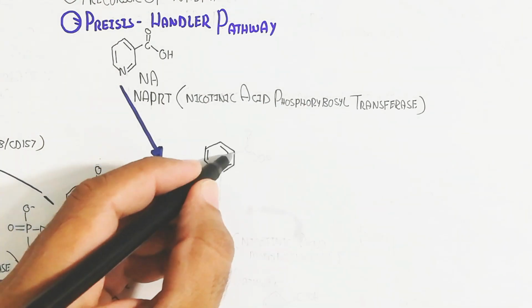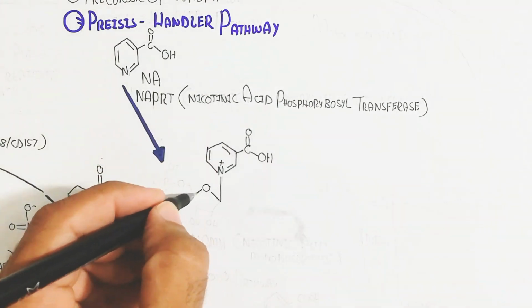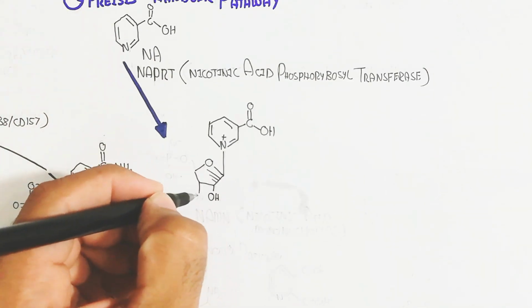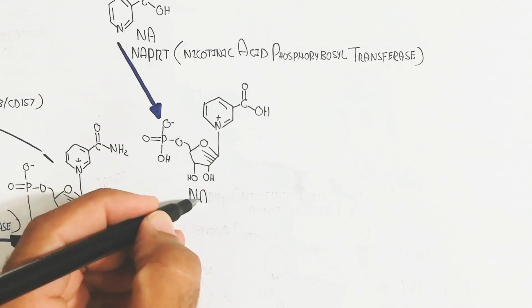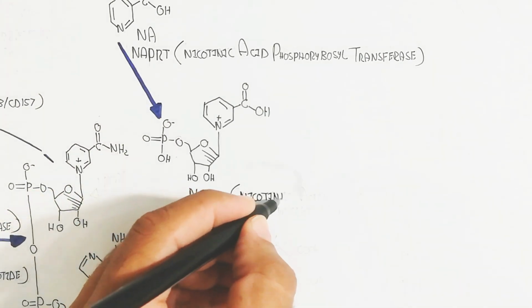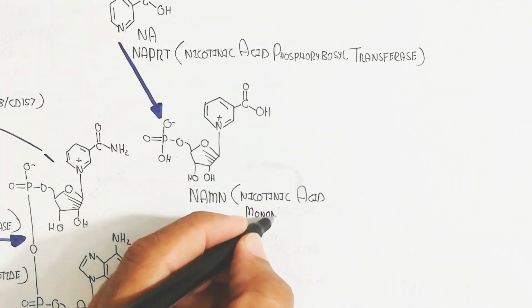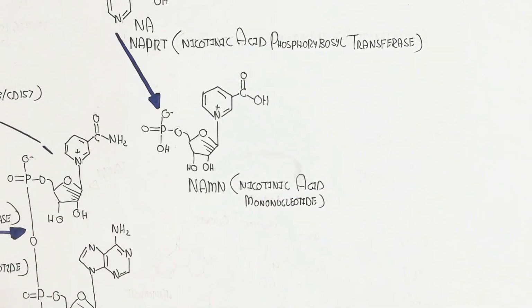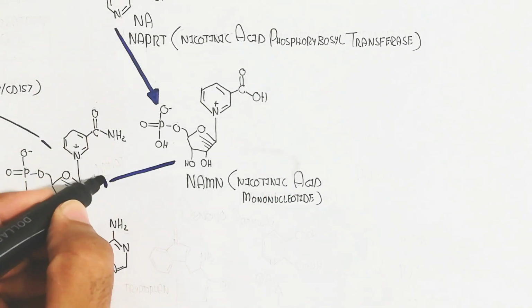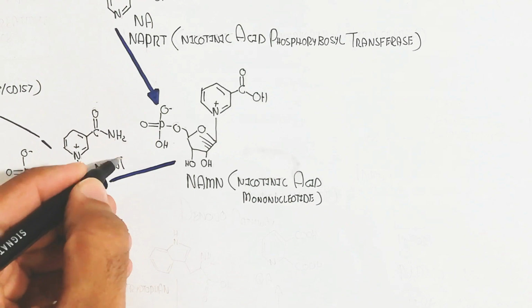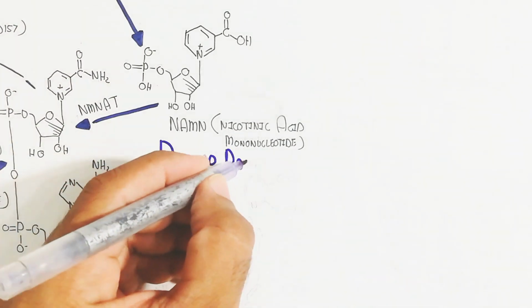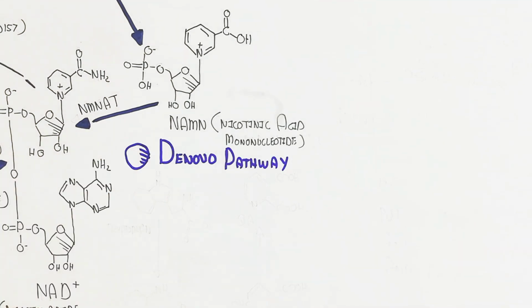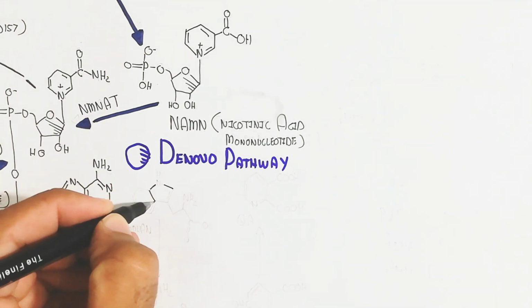This NAMN is nicotinic acid mononucleotide. The NAMN is then converted by the NMN adenylyl transferase enzyme, not acyl, adenylyl transferase, to produce again NAD plus.